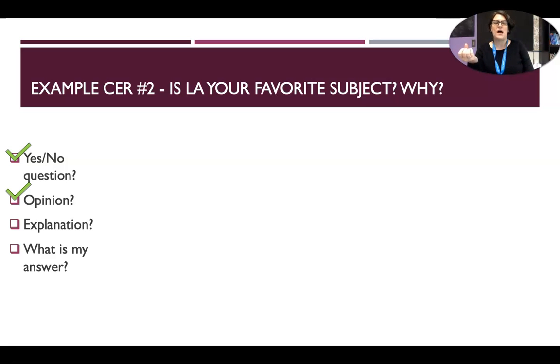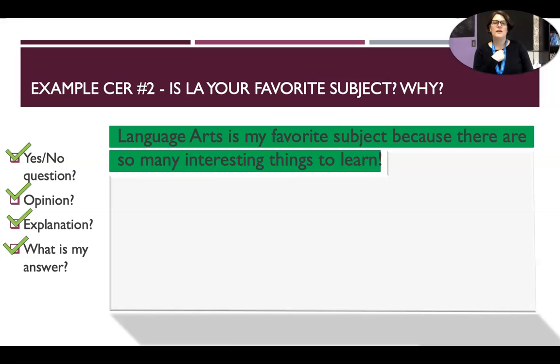Again, that question, why? Another way to look for it is it saying explain your answer or whatever, but it wants explanation. And again, my answer is going to be, of course it is, because I teach it. I love it. I wouldn't do it otherwise. So here is my claim sentence. Language arts is my favorite subject. So yes, it is. Restating the prompt somewhere in there, answering because there are so many interesting things to learn about it.